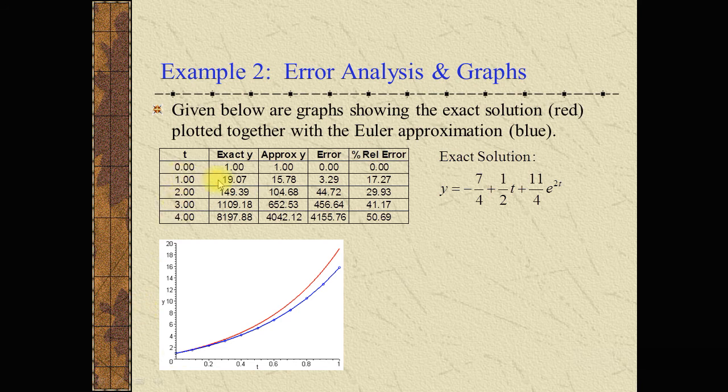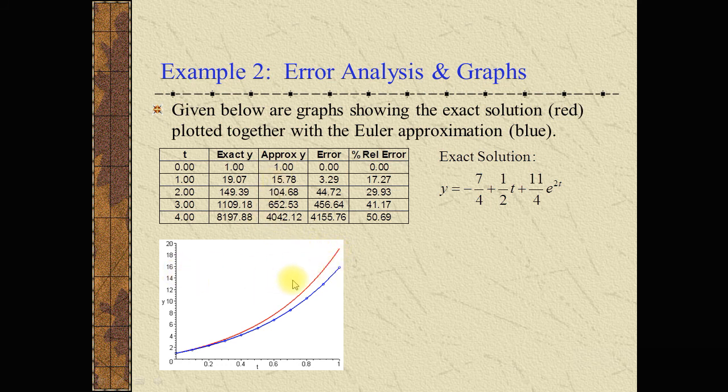Similarly for t is equal to 1, the exact solution is 19.07 and the approximate solution is 15.78. So there will be some error. For t is equal to 1, the exact solution is 19.07, you see over here, and the approximate solution is 15 point something.